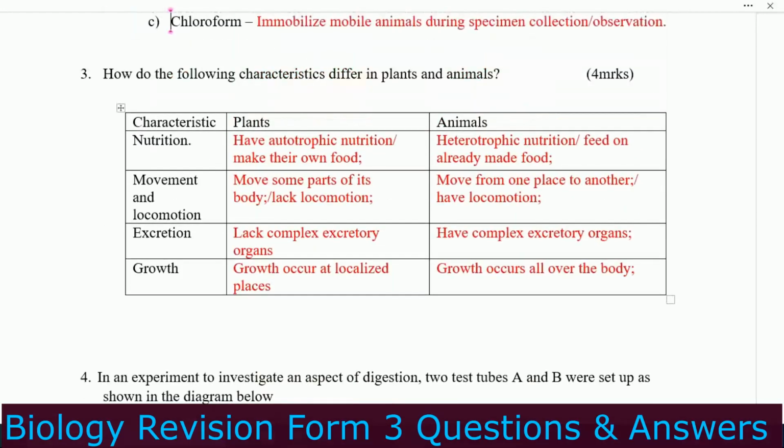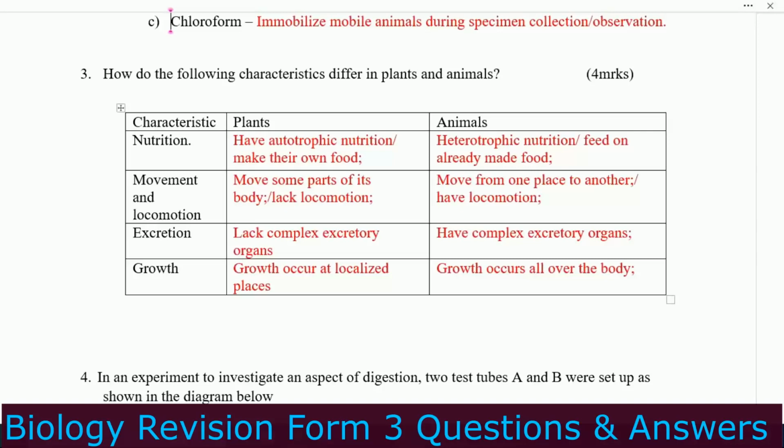Number 3, you are told how do the following characteristics differ in plants and animals? We have one side characteristic, and we have plants on the other side, animals. How do they differ? Nutrition, how does it take place?